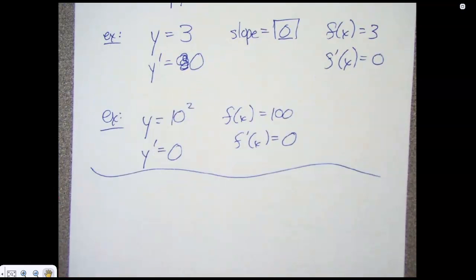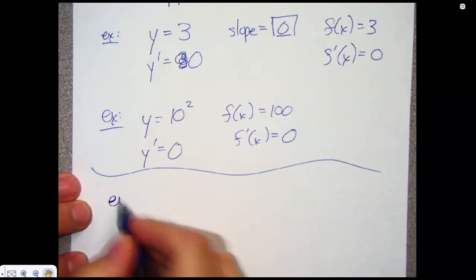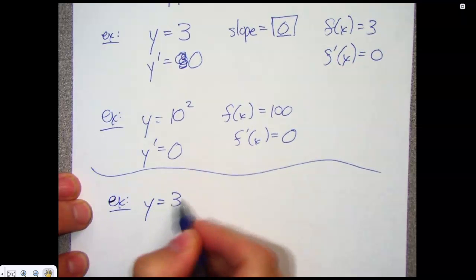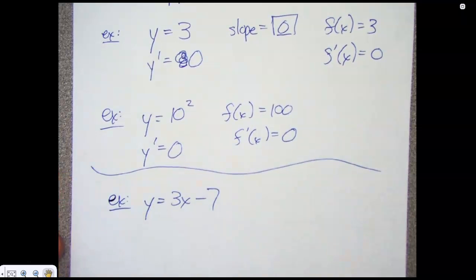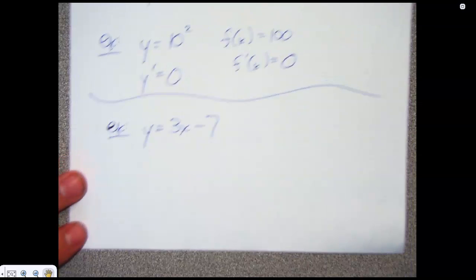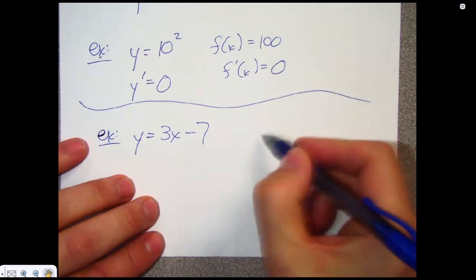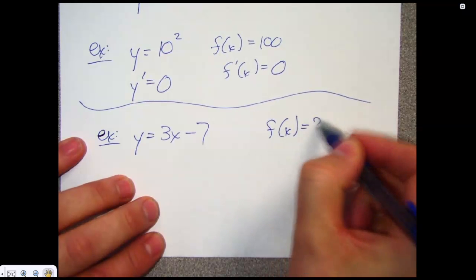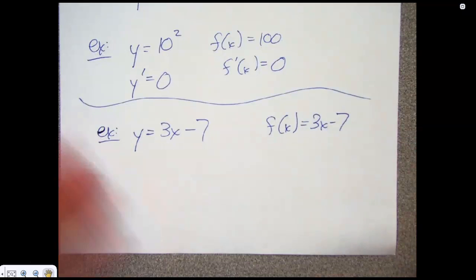Moving up a level, and what I mean by that is adding a variable, adding a power of x. So let's say y equals 3x minus 7, or I could write it as f of x equals 3x minus 7. That's a line, right? What's the slope of that line? 3.